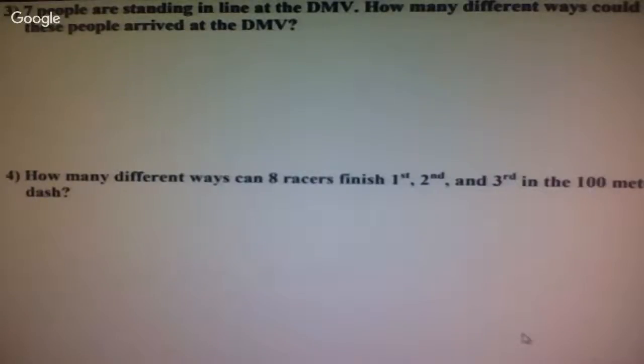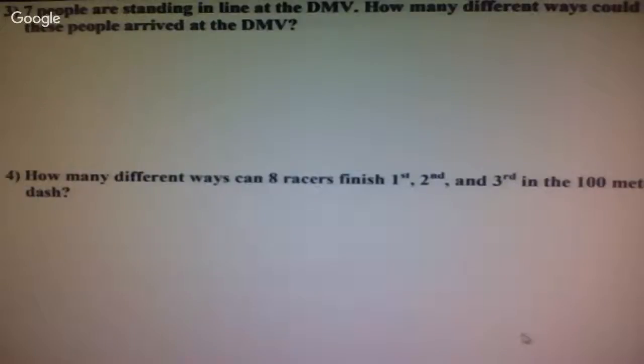They're in line, and we're also talking about people. When people have to be in certain positions, it is a permutation. If it just said 7 people in a room, that would not be a permutation. But because you're putting them in an order, in a line, that's what makes it a permutation.